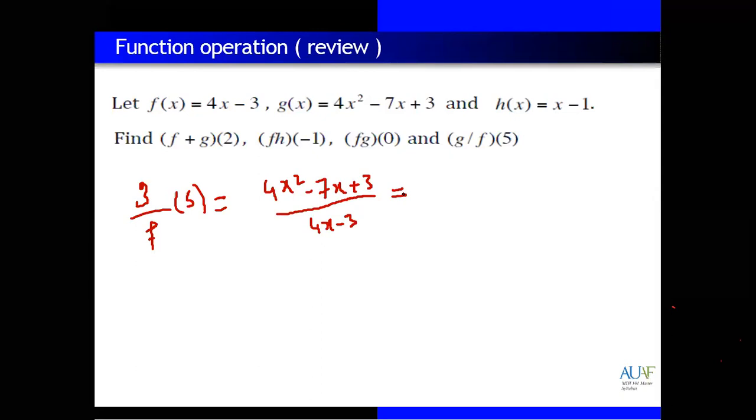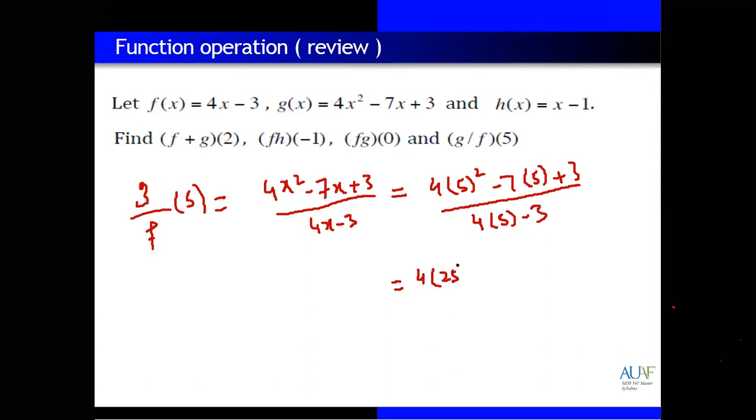If you can simplify, okay. If not, then replace x with 5. 4 with 5 square minus 7 with 5 plus 3, divided by 4 multiplied with 5 minus 3. 4 multiplied with 5 square: 4 with 25 is 100. 7 with 5 is 35, plus 3, divided by 4 times 5 is 20, minus 3.